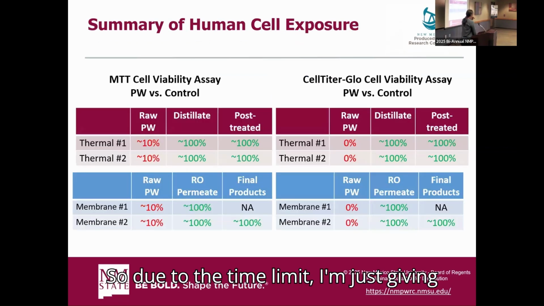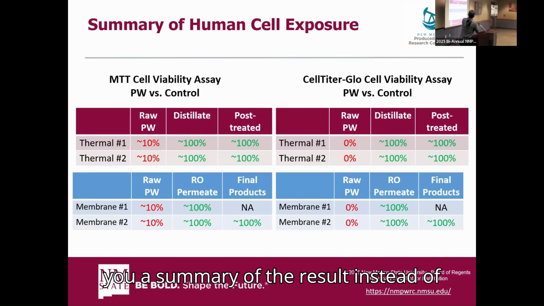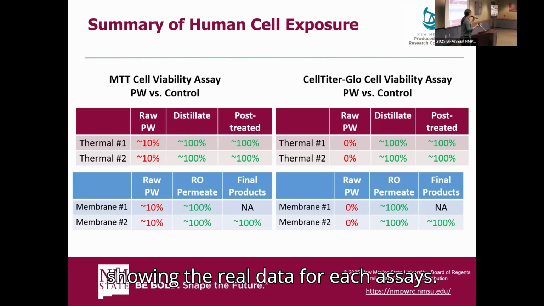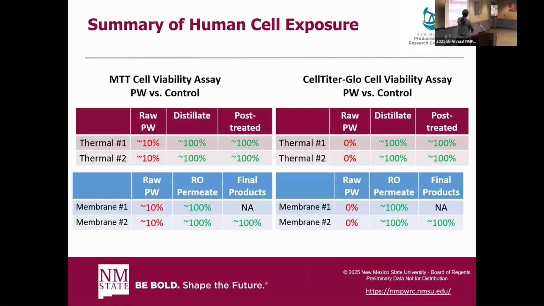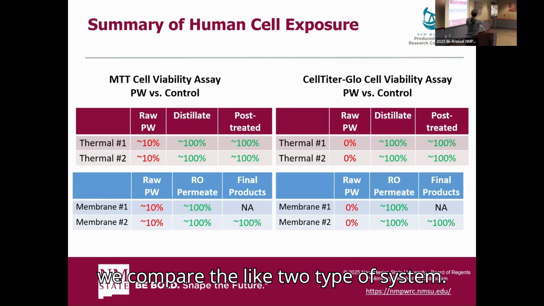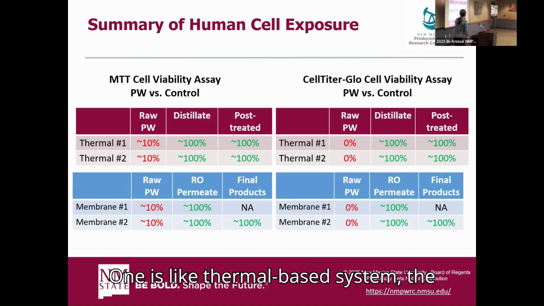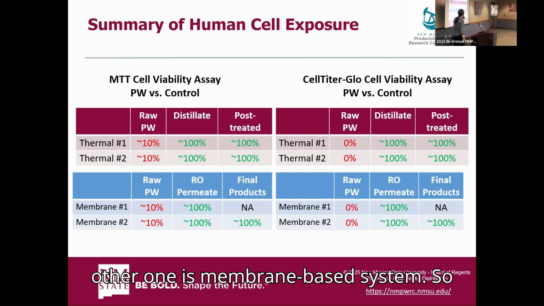Due to the time limit, I'm just giving you a summary of the results instead of showing the real data for each assay. This is the viability result. We compare 2 types of systems: one is the thermal-based system, the other is the membrane-based system.